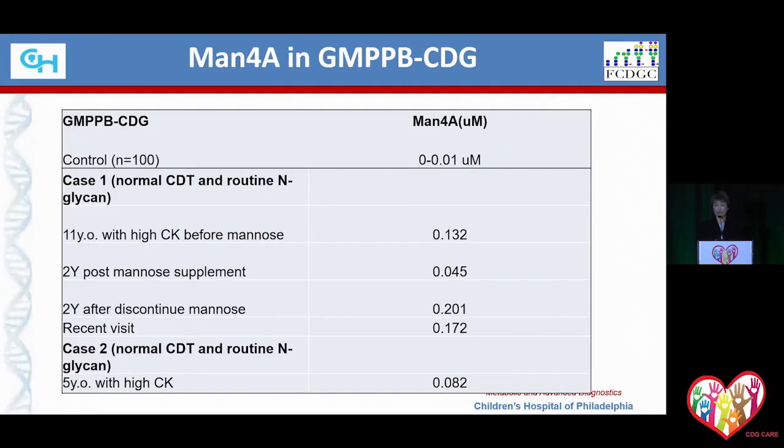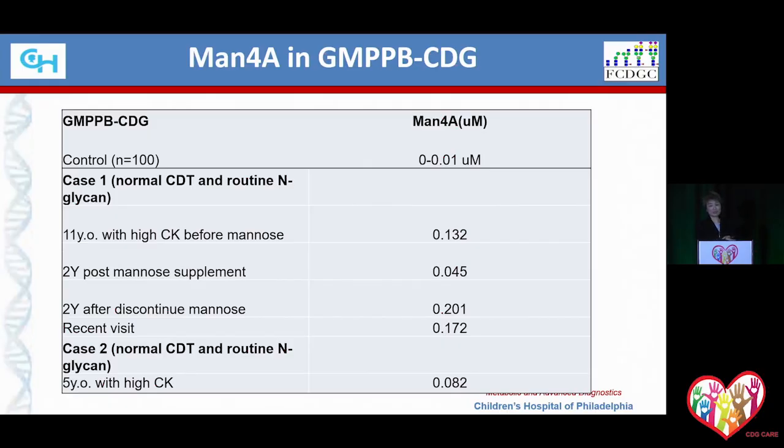Next, I'm going to talk about MAN4A in GMPPB CDG. Since we have this highly sensitive marker, we were able to look at patients with GMPPB, because those patients are often very mildly affected. Our index patient is an 11-year-old girl, again Andy's patient.